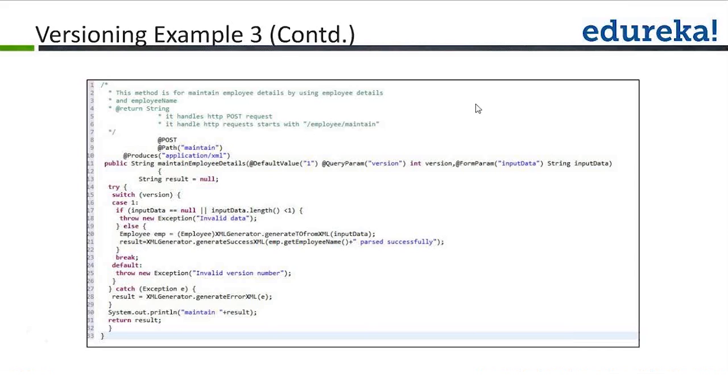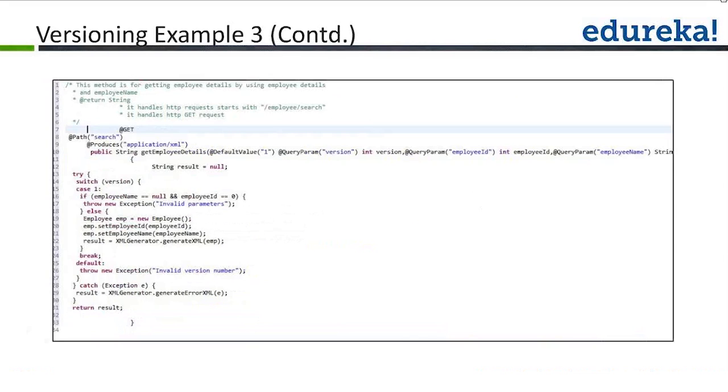This is why I intentionally shared this working code example with you, so that you can easily understand how this interaction happens when versioning comes into the picture in REST web services. I hope you understood this example, and this is for the second method.